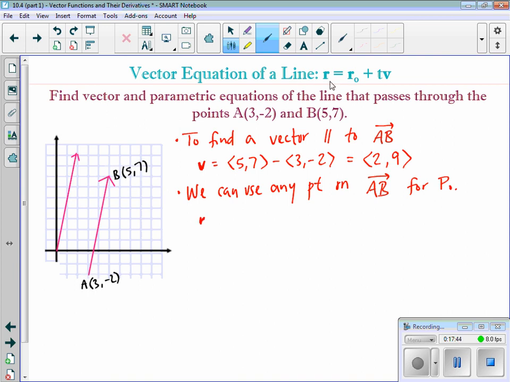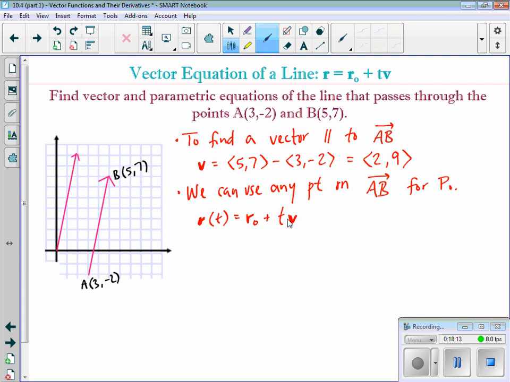So now I'm starting to use this formula. I've got my R, and I'm going to say R of T, but you could just write R if you want to, equals our R naught plus T, and our V is a vector. What am I putting in for V? 2, 9. So I'm going to put that into that spot.